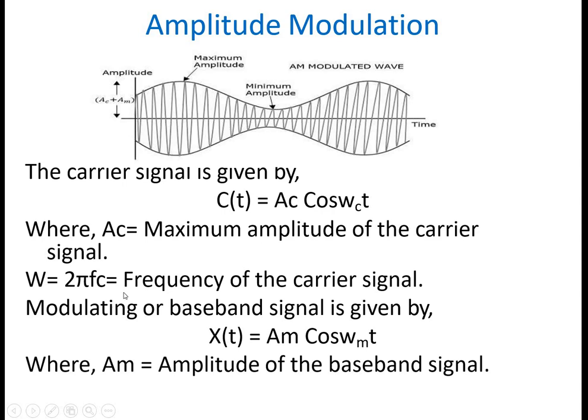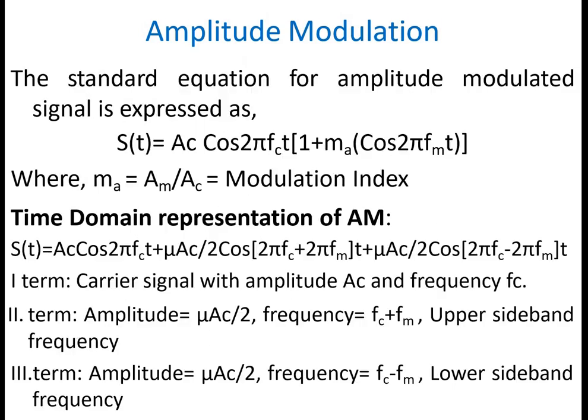As we know very well, angular frequency is denoted by 2 pi fc, where fc is the carrier frequency, so we convert that angular frequency into linear frequency. The modulating or baseband signal is represented by x of t equal to AM cos omega mt, where AM is the amplitude of the baseband signal.